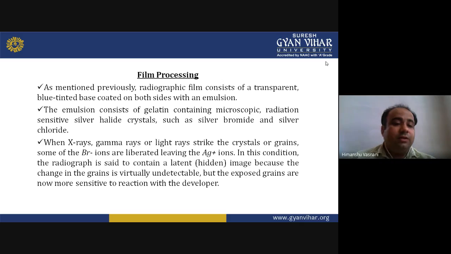In this condition, the radiograph is said to contain a latent, hidden image because the change in the grains is virtually undetectable. But the exposed grains are now more sensitive to reaction with the developer.